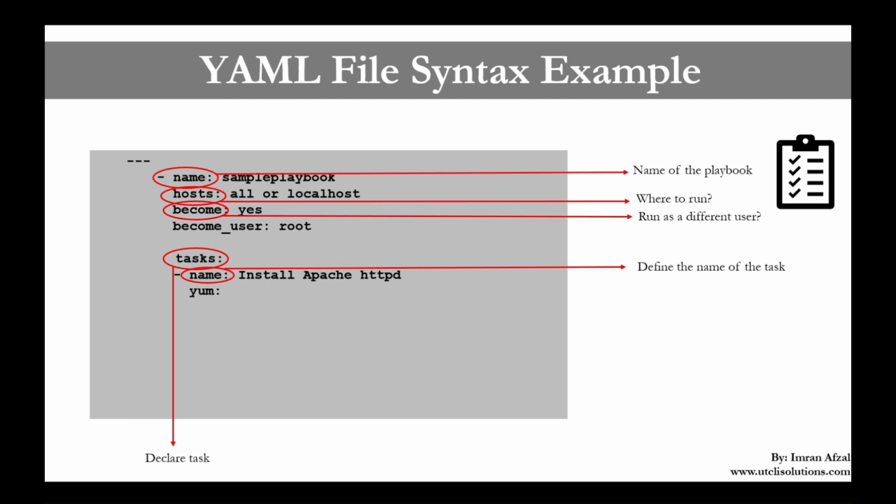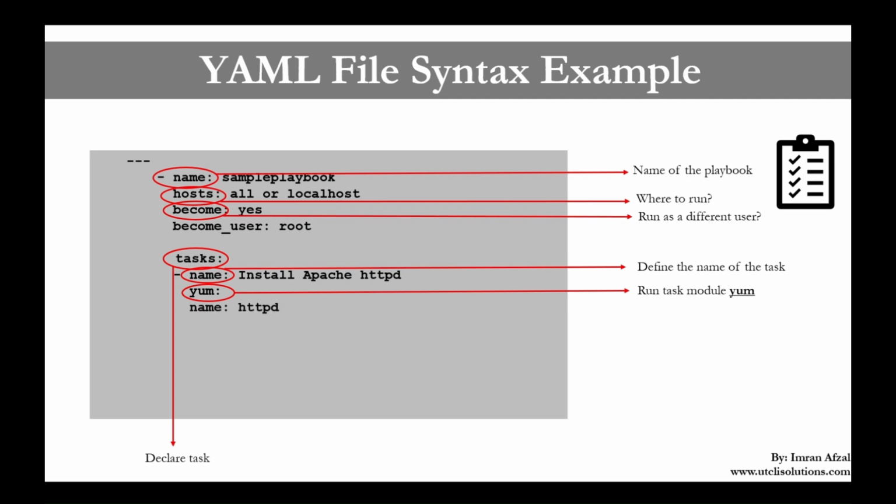Then it's saying, okay, you want me to run the task, and the name of the task is install Apache. Okay, but what are we doing? So you're telling it use the module yum, run module yum to install this HTTPD package. All right, perfect.